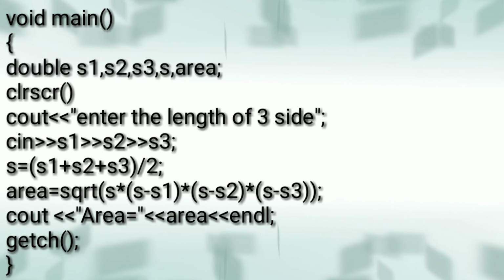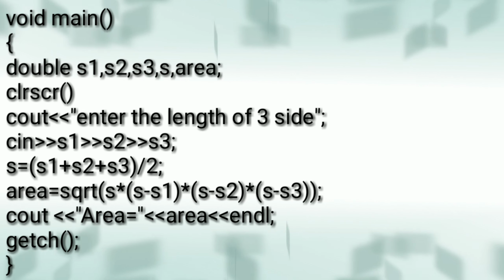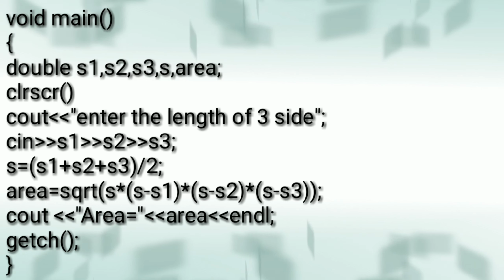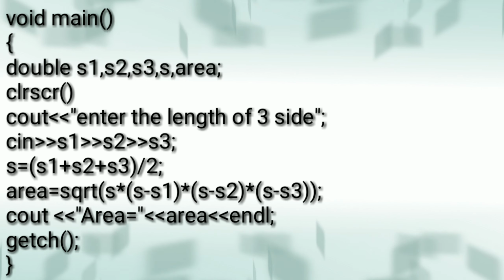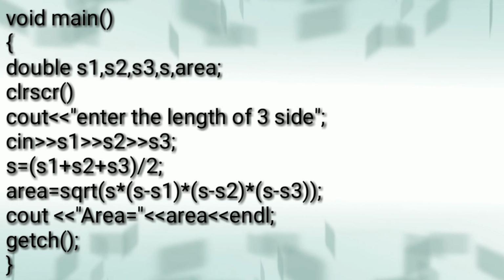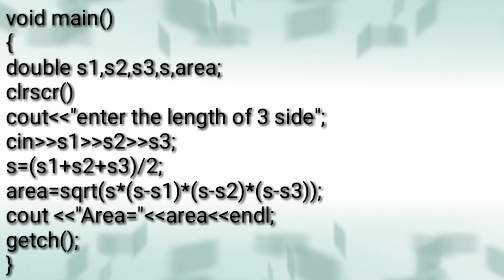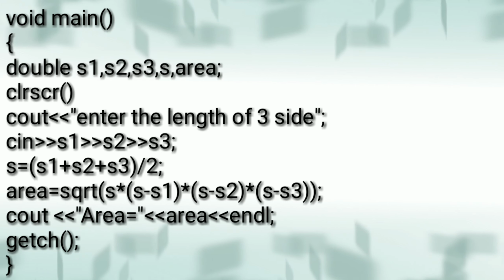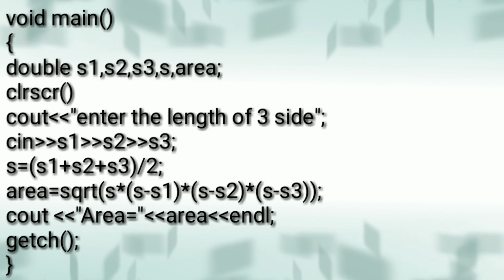So you are going to find the difference S minus S1. Next into S minus S2. Same way S minus S3. Whatever you get after the differences, that will be multiplied and the square root taken, that will be stored in area.